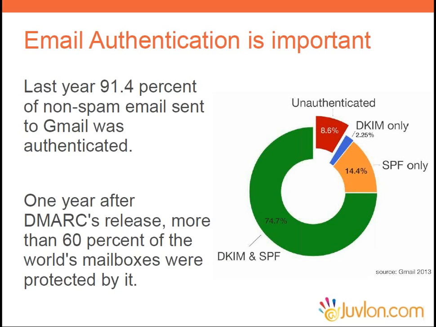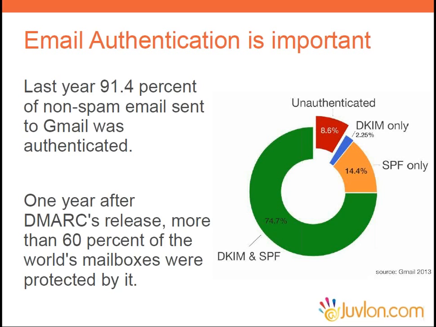Last year, 91.4% of emails that landed in the Gmail inbox were authenticated, which means we have 8.6% who were non-authenticated that managed to creep into the inbox. But I can tell you for sure that this number will reduce over time, and they'll be weeded out if they don't comply.